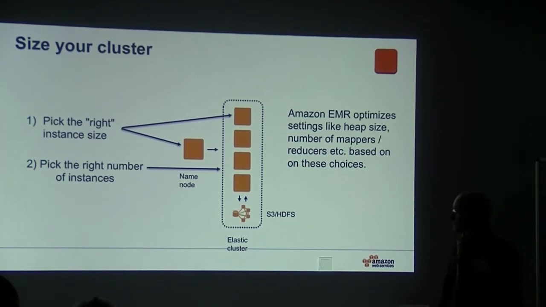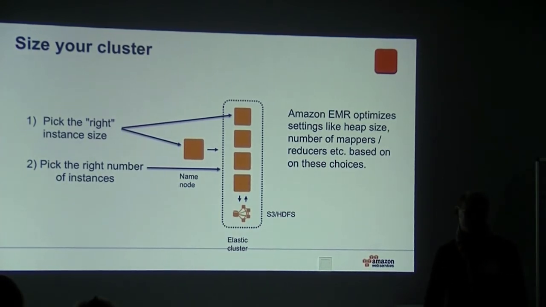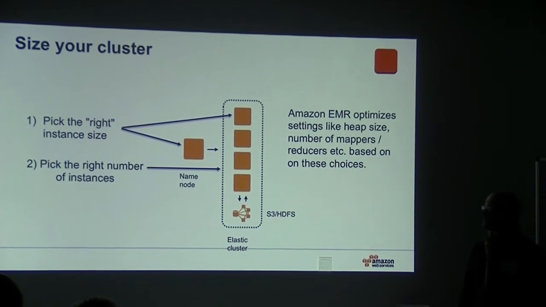So obviously, if you have a cluster of 1,000 small machines, the name node will have more RAM, for example, and the task trackers will have fewer mapper slots, versus if you have a cluster with 10 huge machines. Right? So that takes away some of the pain that you typically have to go through if you launch a new cluster, because the defaults should be more or less the same. Obviously, they'll depend on the job, but at least a certain amount of tuning has been done.